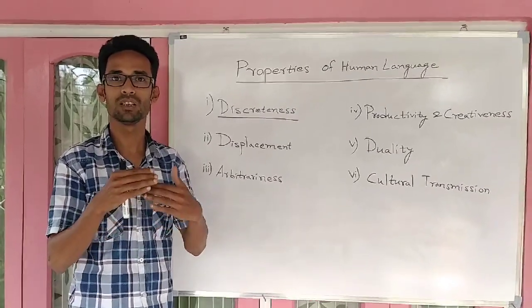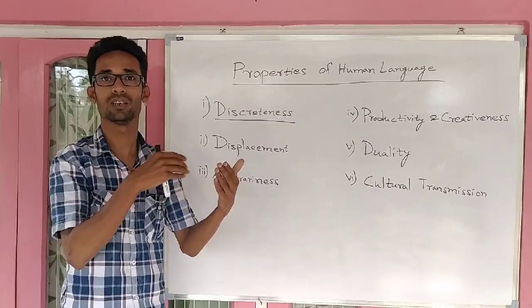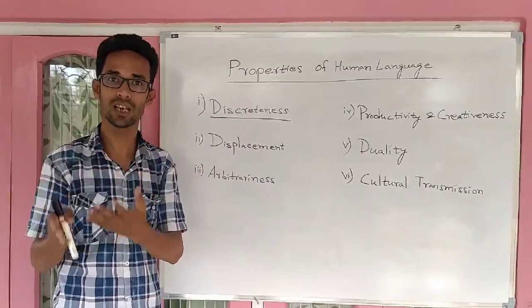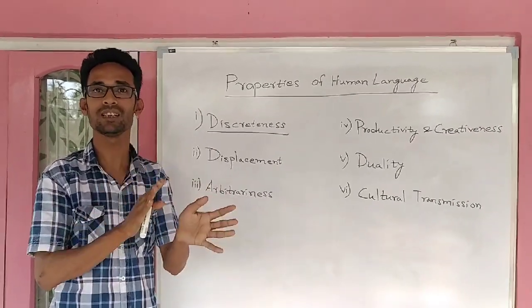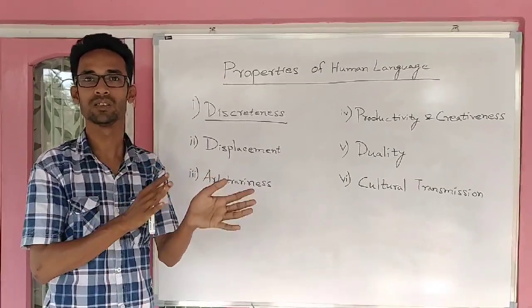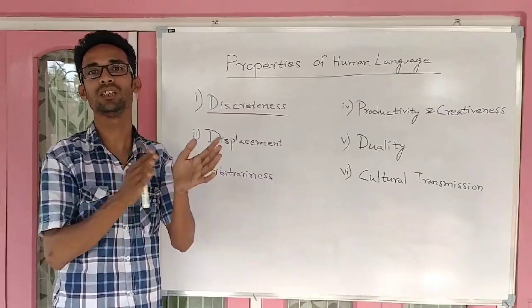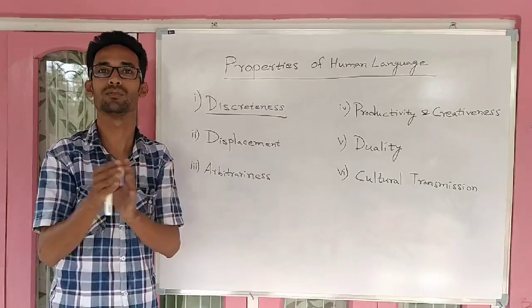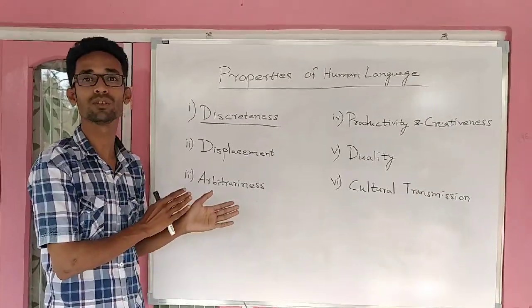They will make the same gesture for both purposes, whether they are feeling hungry or happy. So human language has a discrete set of elements which can describe each and every situation, each and every action in a different way. So this is the discreteness feature of human language.